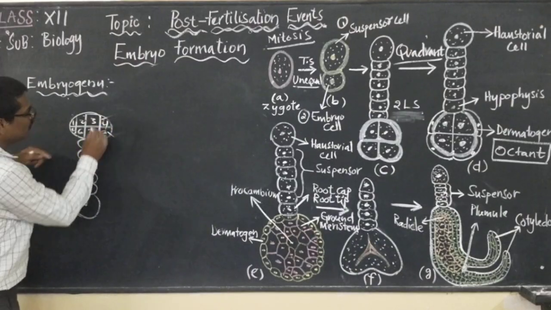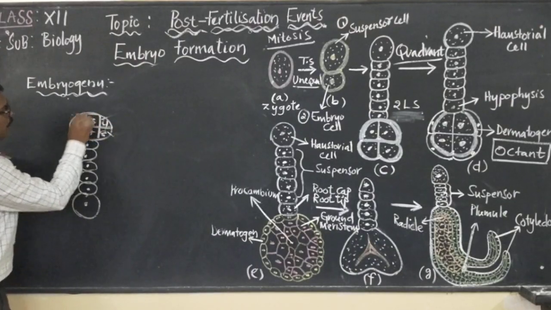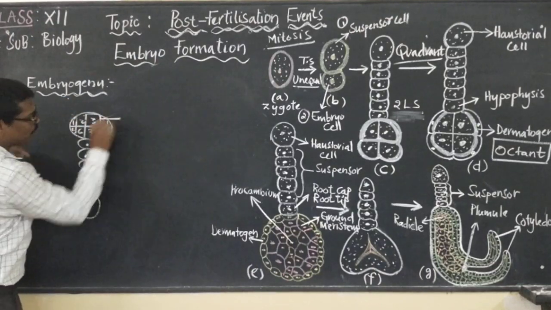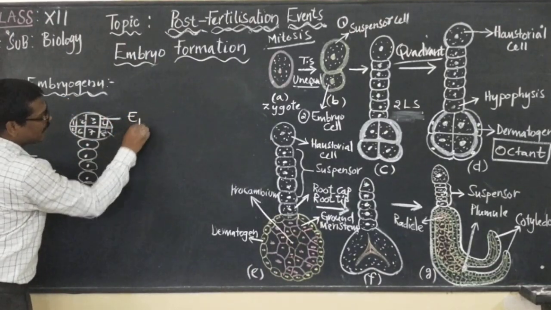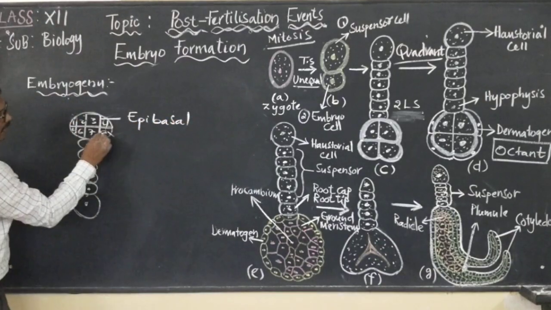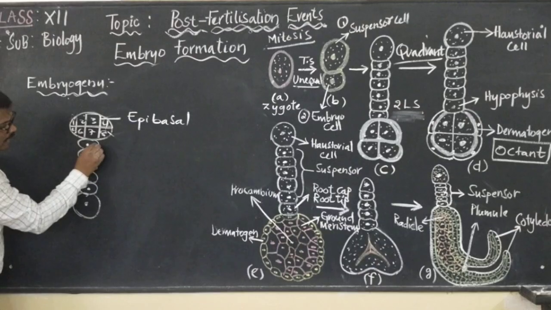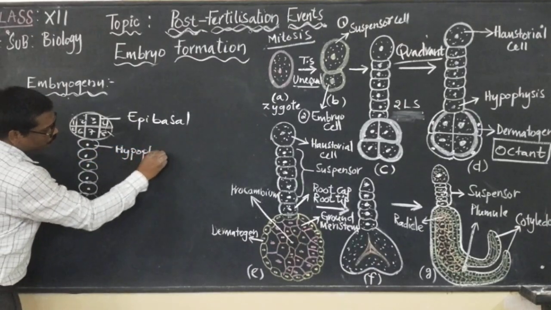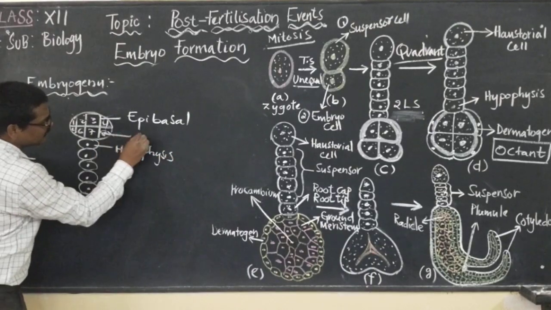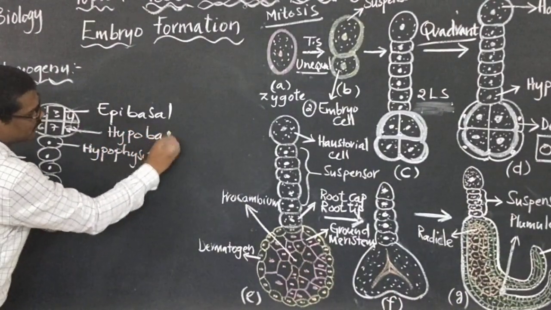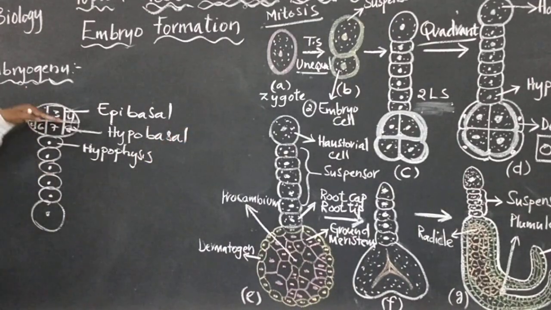Now the 4 cells which are above, as the first layer, the top layer, we call the epibasal. And those which are adjacent to the hypophysis or suspensor, these cells are called hypobasal.